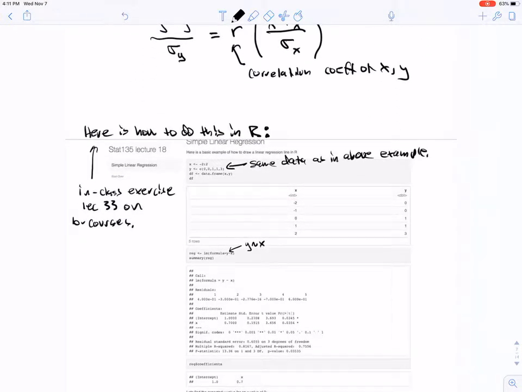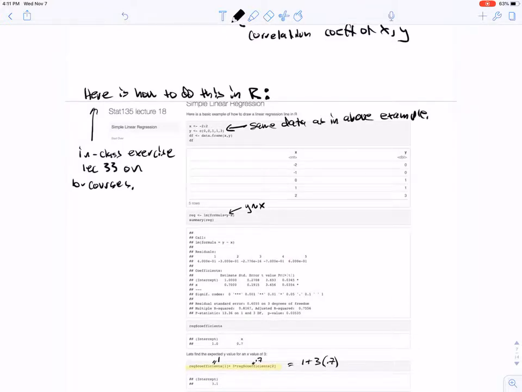In R, in class exercise 33 on B courses, a few things here. So notice that LM is R's linear model function. A parameter it takes is called formula, and you need to put in the order of what's the predictor and response variable.